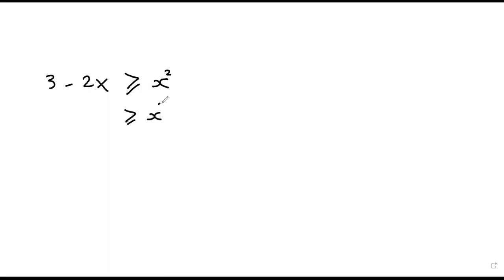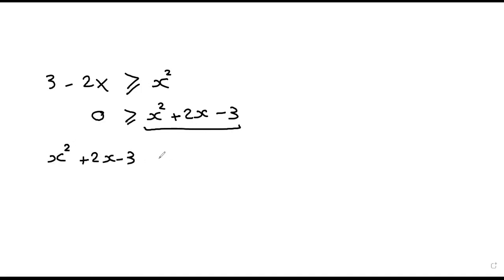This is x squared, this will be plus 2x, and this will be minus 3, and you will be left with 0. So 0 greater than this expression, so we can write x squared plus 2x minus 3 less than or equal to 0.